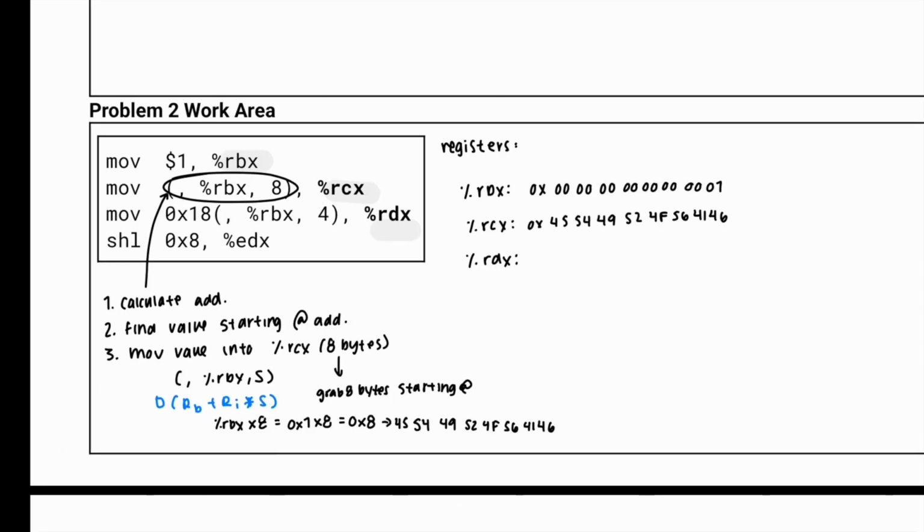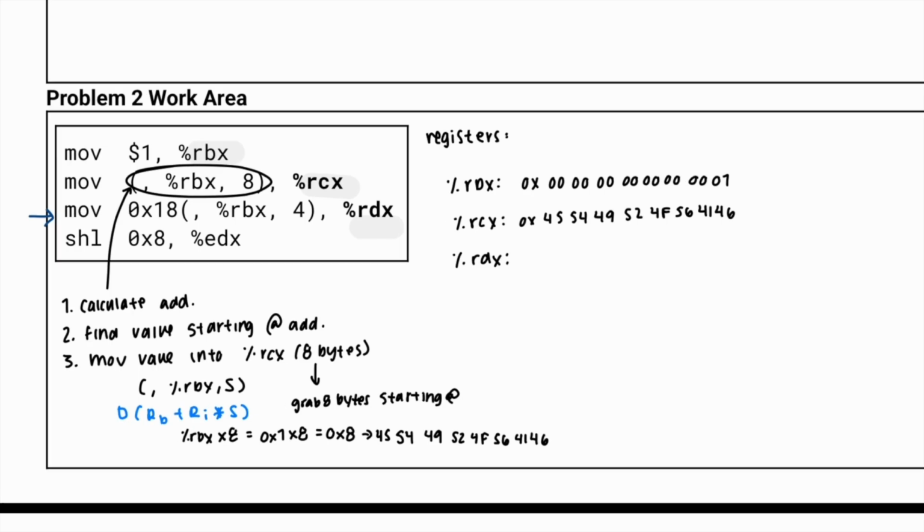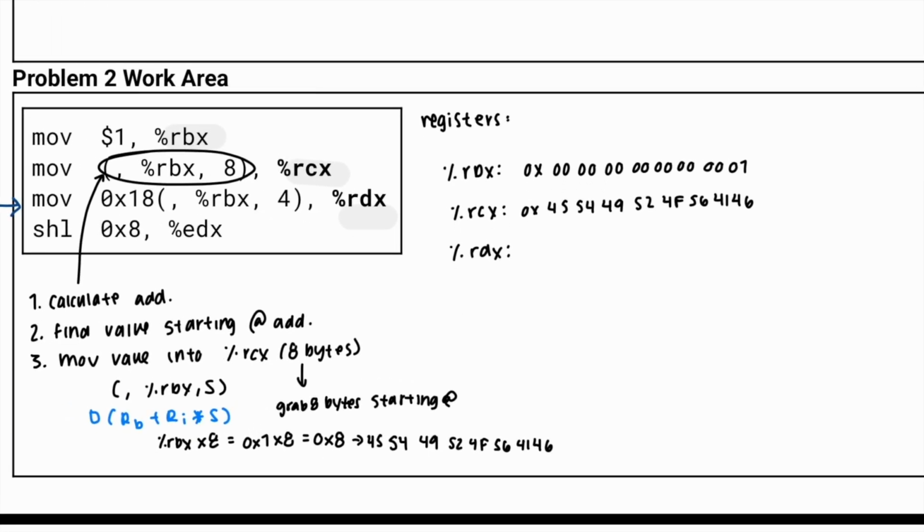Great. Then our next instruction will also require some memory calculation. In this case, we have 0x18 plus RBX times 4, and we're moving this into RDX, which is 8 bytes.